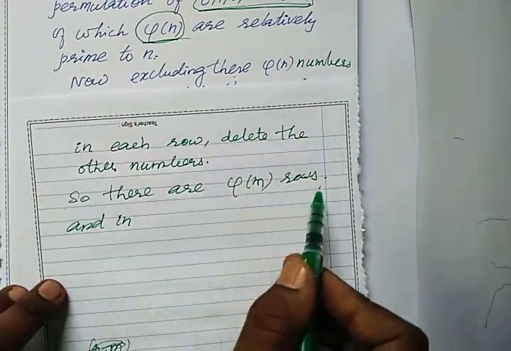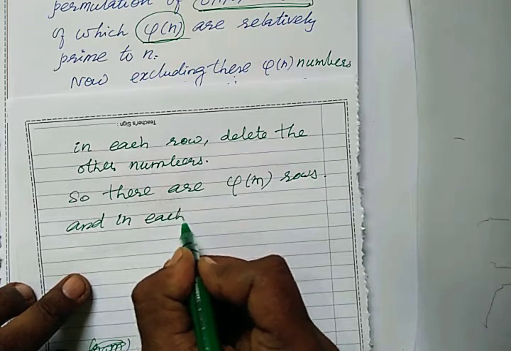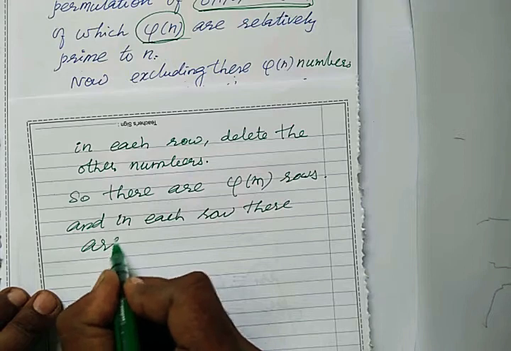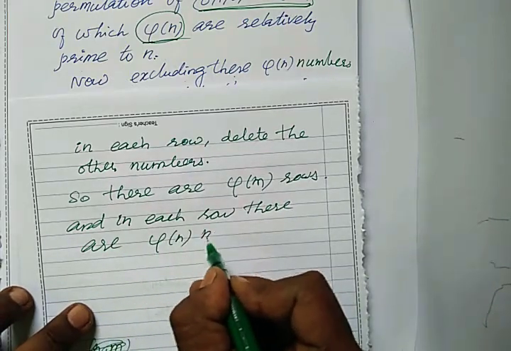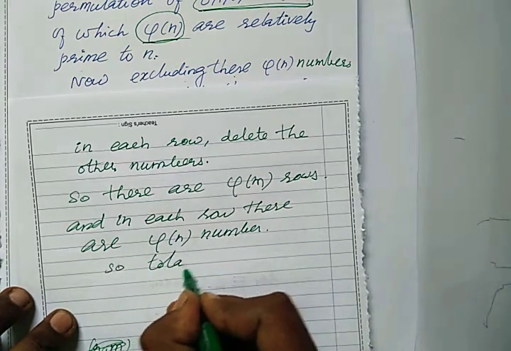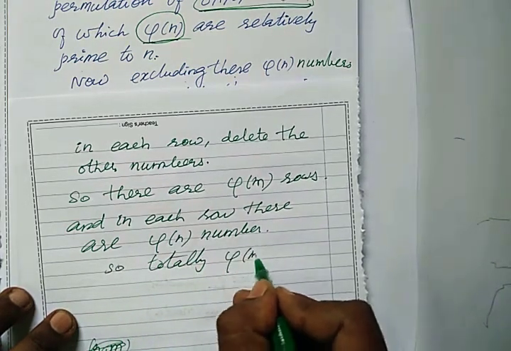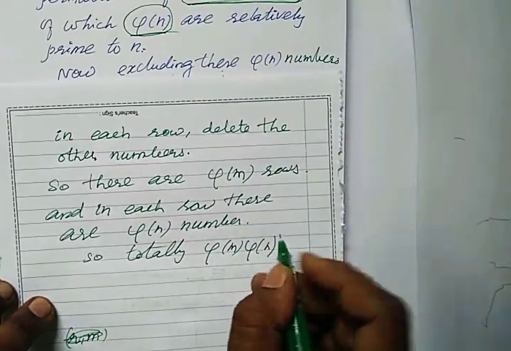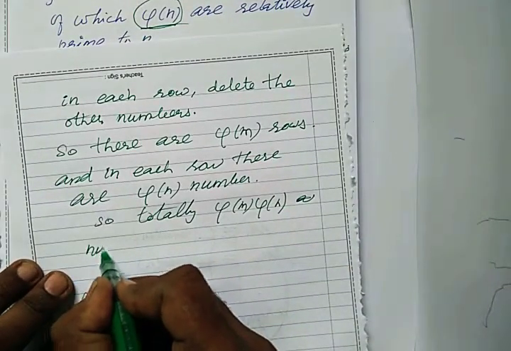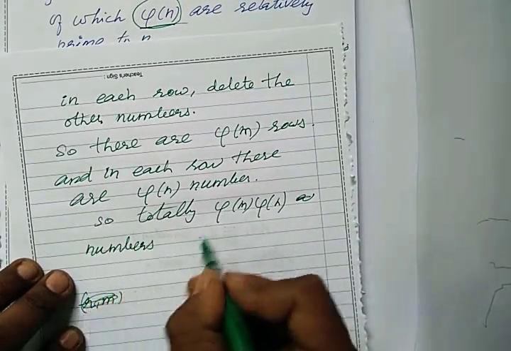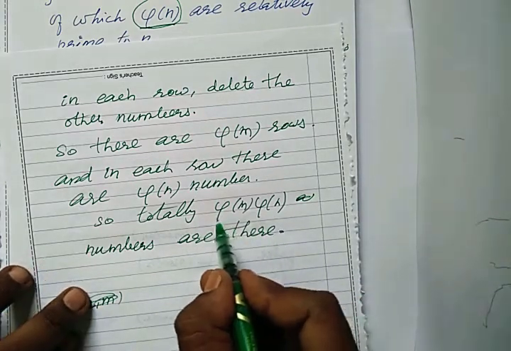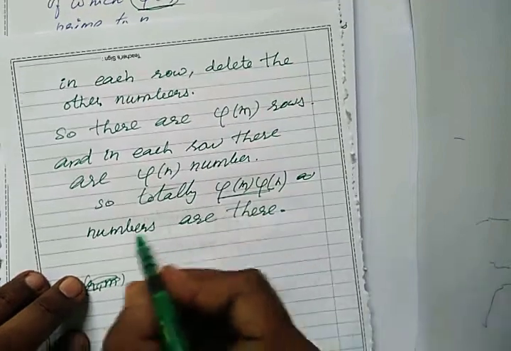So there are phi of m rows, and in each row there are phi of n numbers. So totally phi of m into phi of n numbers are there, and these are the numbers relatively prime to mn.